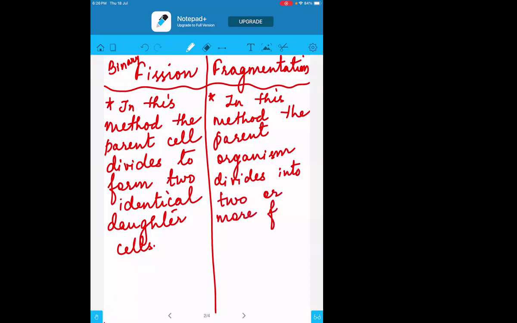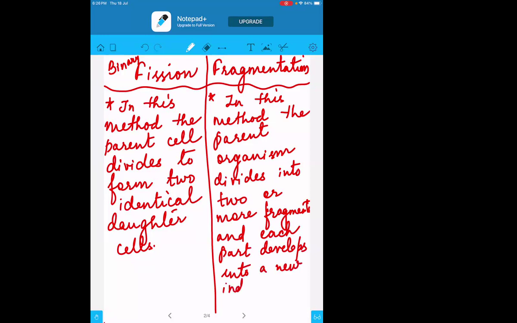So in binary fission it will be only two, whereas in the fragmentation, two or more fragments will be developed, and each part develops into a new individual organism. So there it is two, whereas here more than two will be formed.